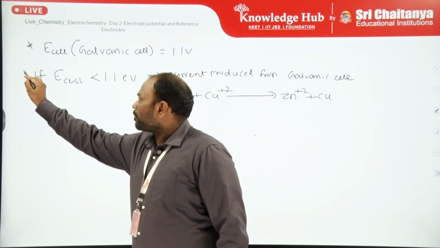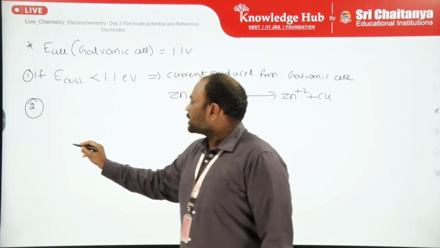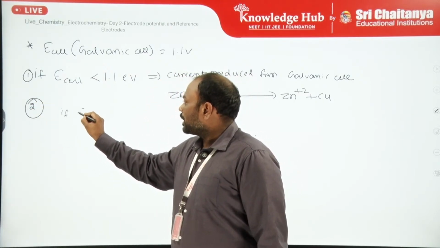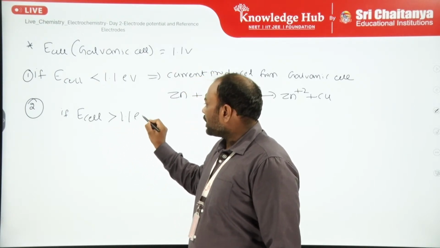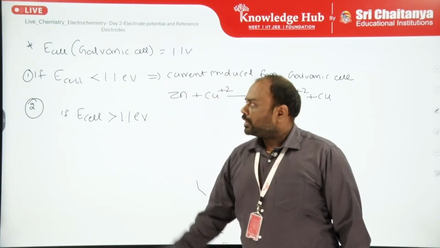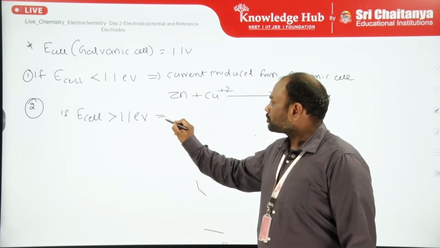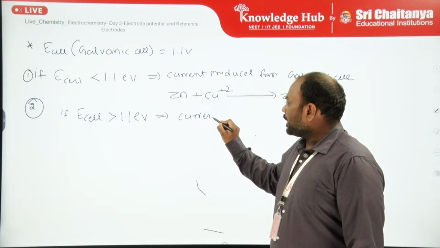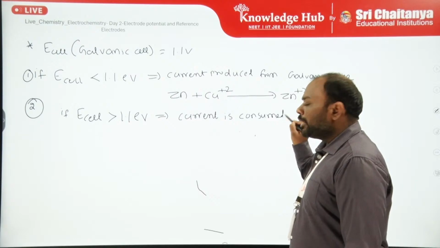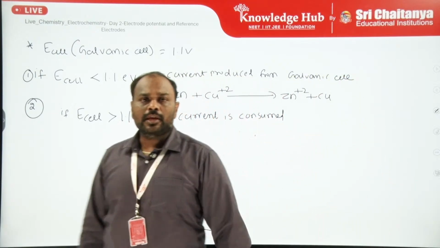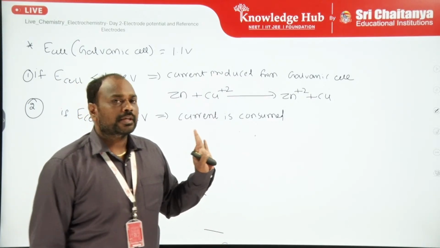Second condition. If the external potential of the cell is greater than 1.1 volts, then what happened? Current is consumed. If current is consumed, then the type of cell is known as an electrolytic cell, not an electrochemical cell.